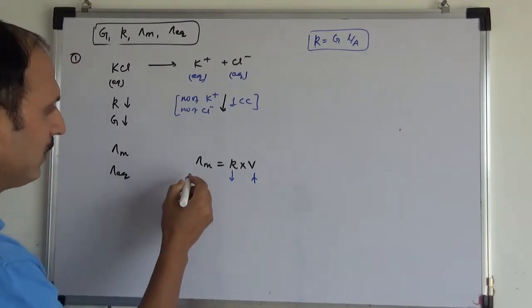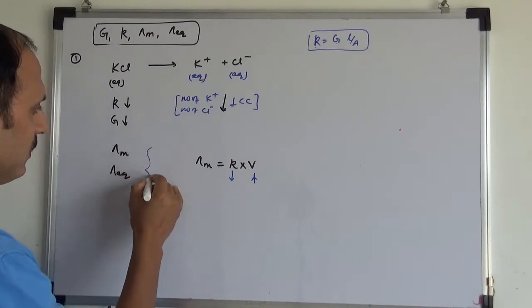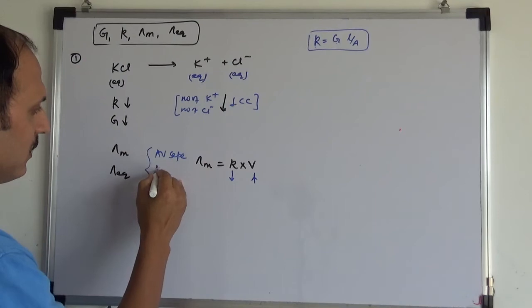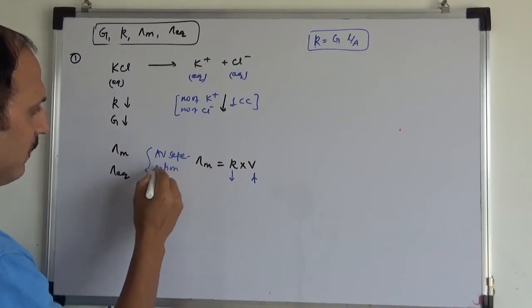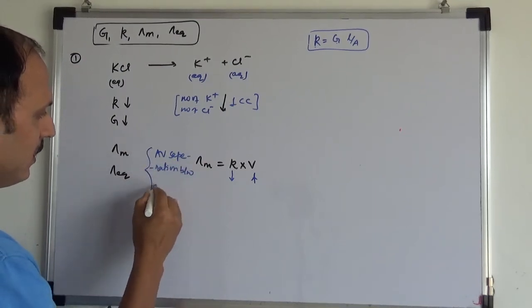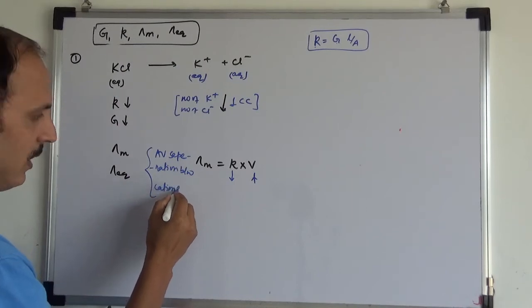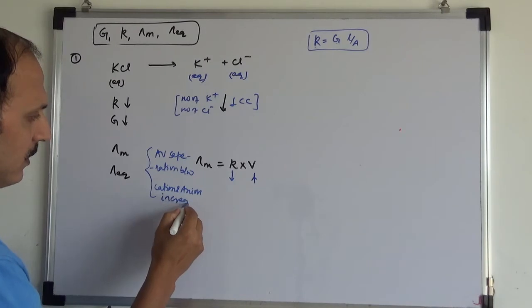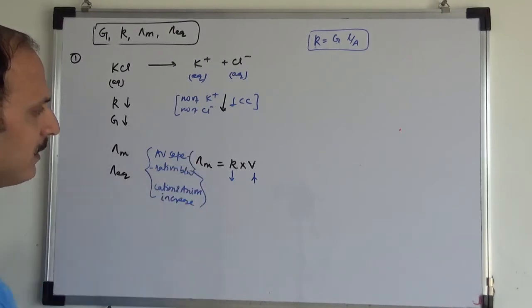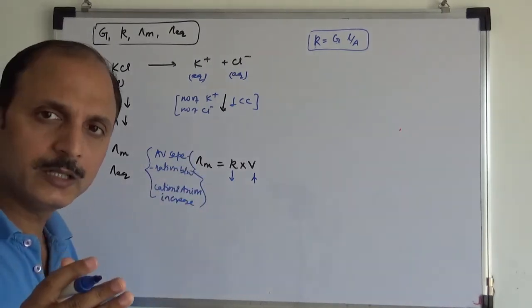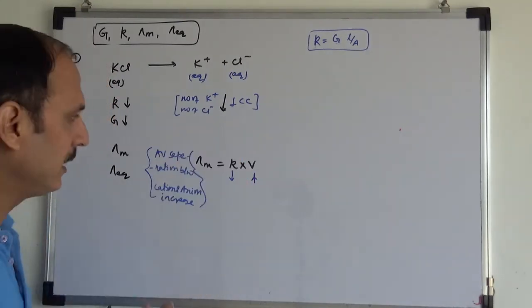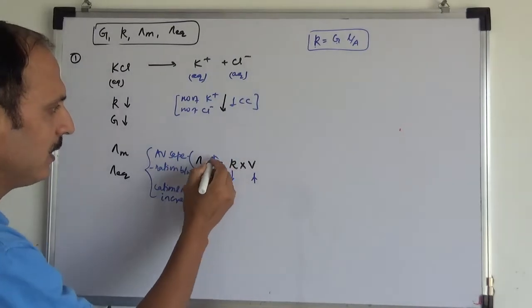So from here we can say the average separation between cation and anion increases, and when the average separation increases, they are going to flow very easily, they will not attract each other, so this will increase the molar conductivity.